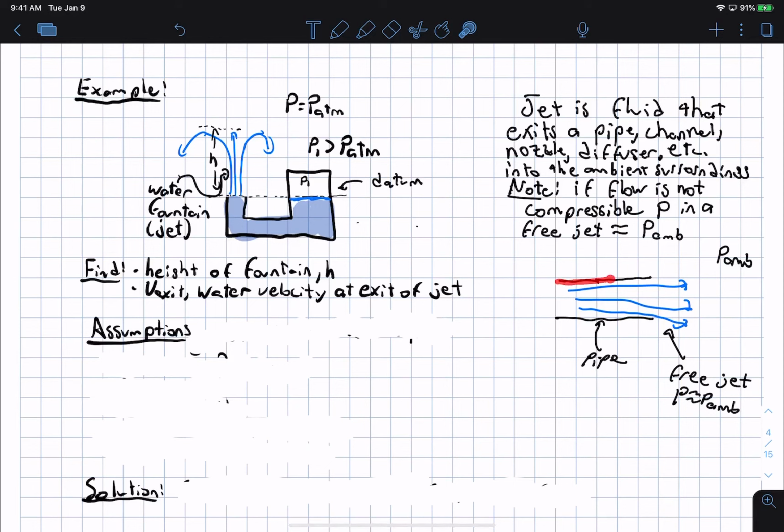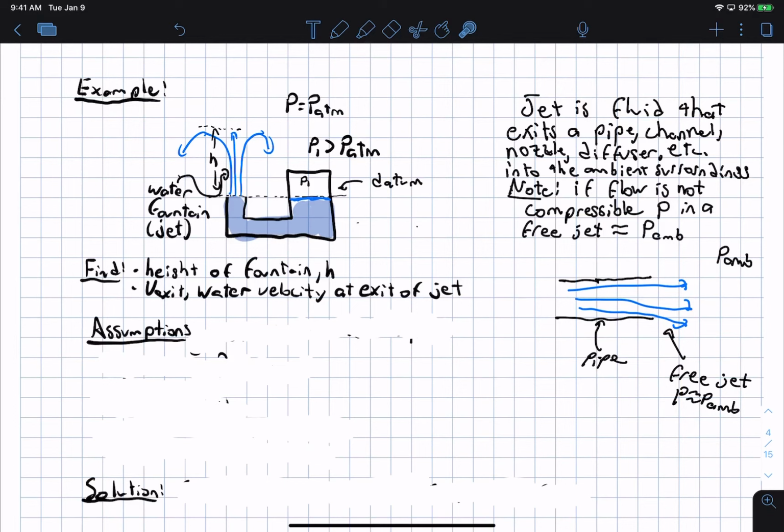So here we just have a picture of a pipe. This could be your hose, and you holding the hose horizontally, and then the water goes shooting out. As the water exits the nozzle from your hose and starts to interact with the air, that's called a jet. And the pressure in the water exiting the nozzle is very, very close to the outside ambient pressure, at least for the purposes of this class.